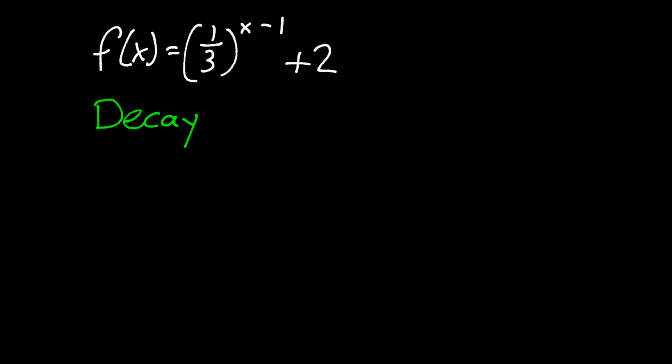And now we can tell which way is it shifting, left or right, up or down. So to determine the horizontal shift, look at the exponent. We got x minus 1, and since it's minus 1, we're going to be going plus 1, which means we have to shift to the right. So we shift right just 1 unit.